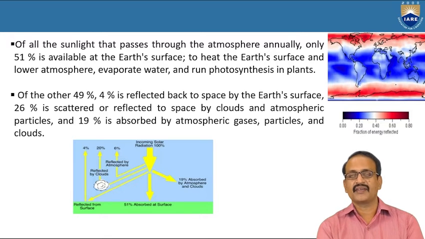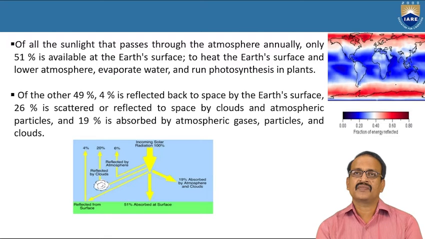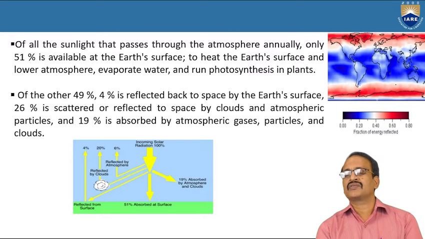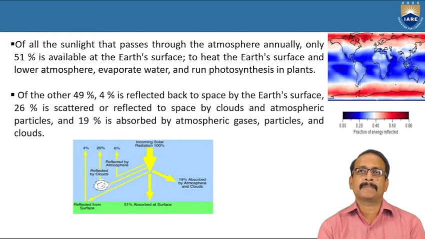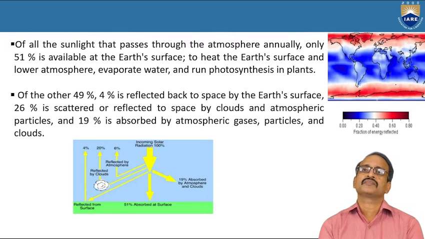If you observe in this PPT, nearly 49% of the sun's energy is not reaching the earth. So only 51% is reaching the earth.